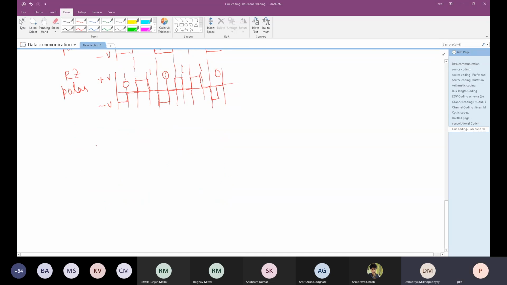So in the case of bipolar, of course, for example, NRZ bipolar, for the 0, of course, we don't have a pulse.